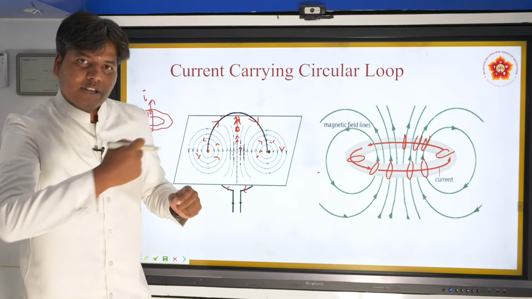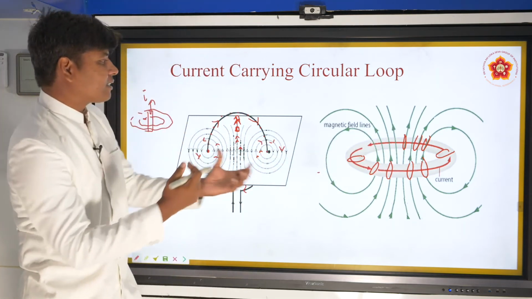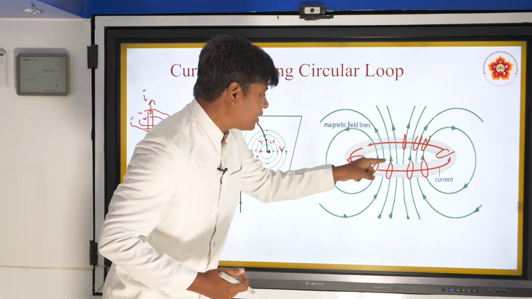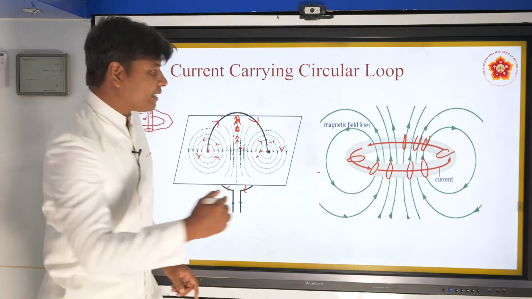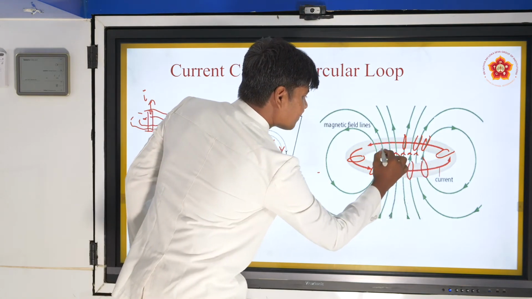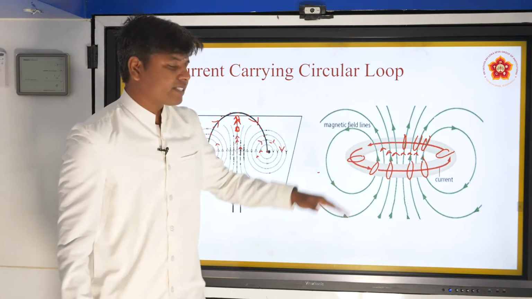It will have a circular magnetic field. So the whole circle will have concentric circles of magnetic fields. So inside the coil you can observe every element's magnetic field is in the same direction. It is a uniform direction.